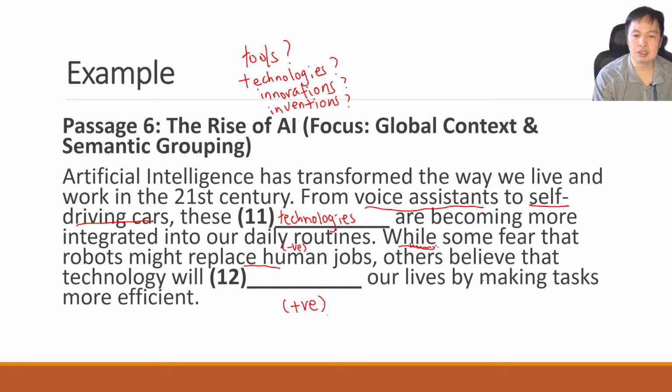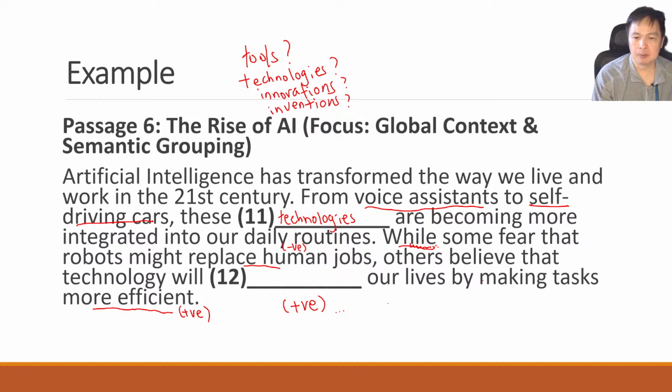If this is negative, this has to be positive. So others believe that technology will blank our lives by making tasks more efficient. This is another clue. More efficient, generally speaking, is better for our lives, so again, this has a positive connotation. So we are looking to fill in with a positive word.